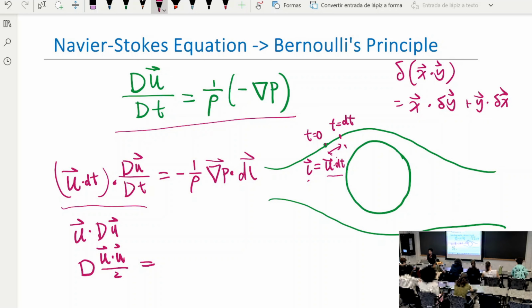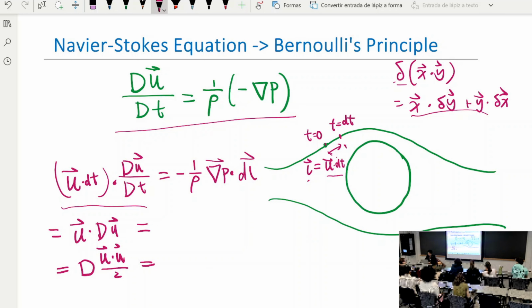And here is just a special case where x and y are both u, right? So both of these are the same, which means they add up to 2 times u dot du, which also means if you have just one u dot du, it comes back to half of d(u squared). All right. So this is the same as this. That's the left hand side.